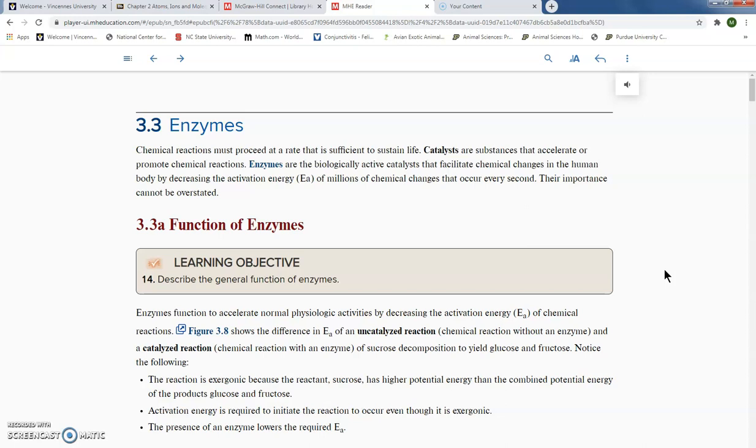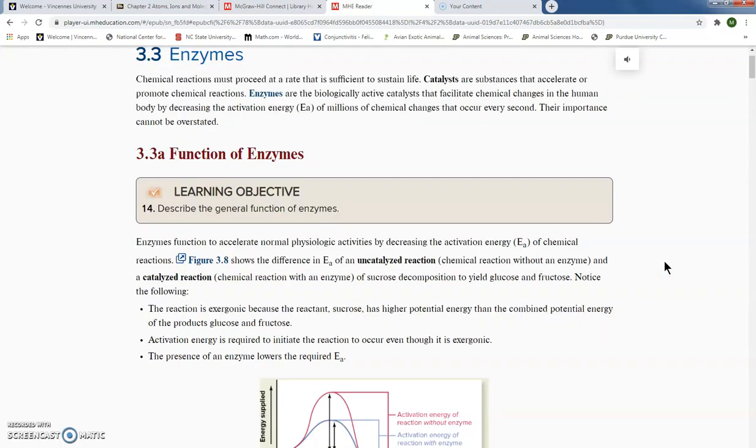That just means they're going to make chemical reactions happen faster. That's their purpose in our bodies. They use the term catalyze to describe something that accelerates a chemical reaction. That's their function.